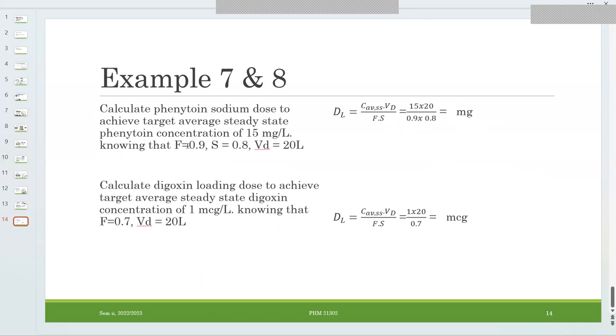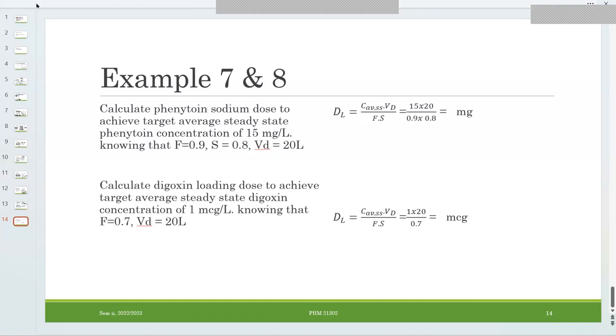Okay, let's practice. Calculate the phenytoin sodium dose to achieve a target average steady state phenytoin concentration of 15 milligram per liter, and F equal to 0.9, S is 0.8, Vd is 20 liter.